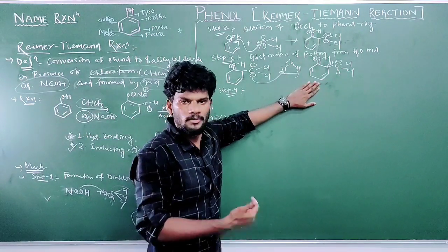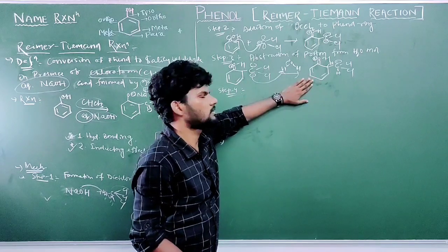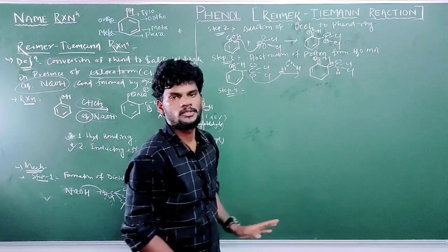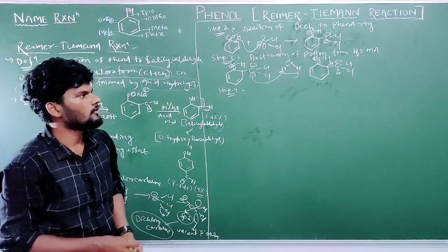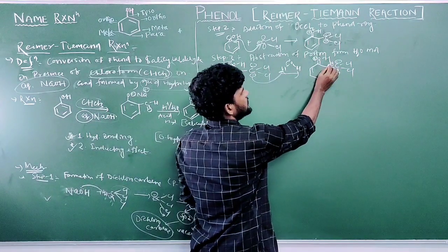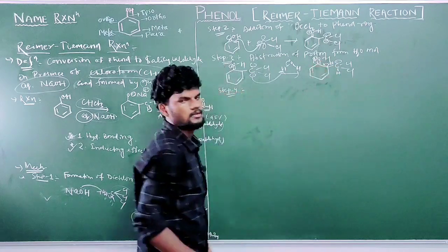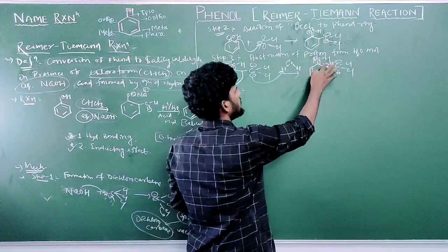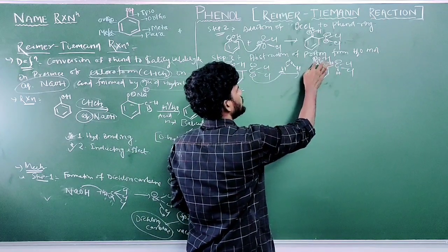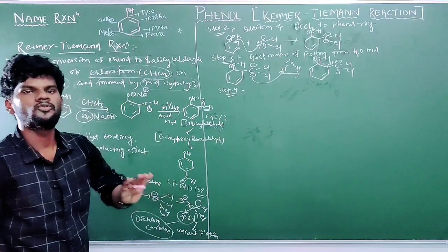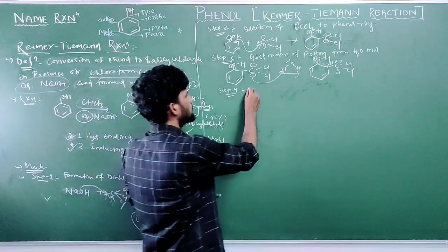Because this is not aromatic now, and another reason, the positive charge over oxygen is not stable. So what will happen? This CH bond moves over to the ring, and this bond over to the oxygen atom. So write it here, and this step is known as loss of proton to restore aromaticity.